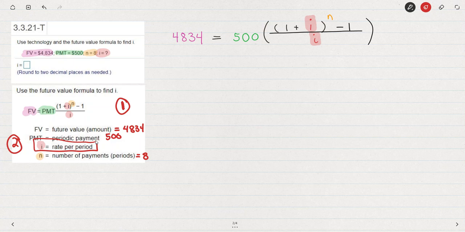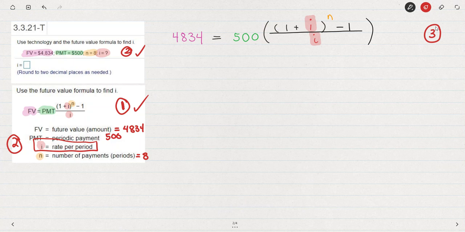But that's the second step, is to write out those values. You could even see that in the problem, they've done that for you here. So we could call that our step number 2. But on your paper, you would want to write the formula and then write what each of these values is being replaced with. The third step is where we're going to fill in any of the values we know.